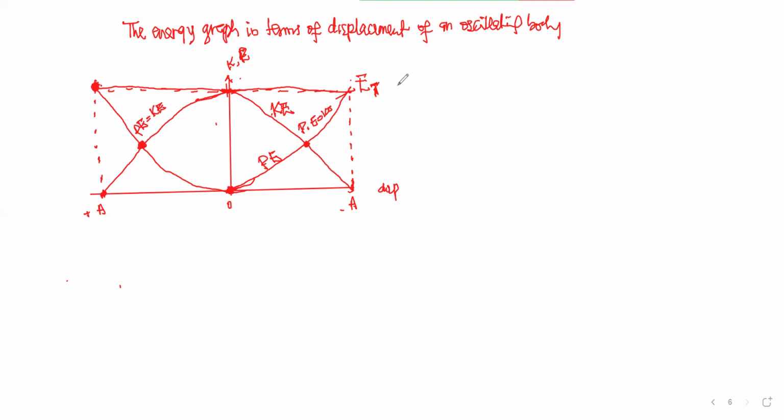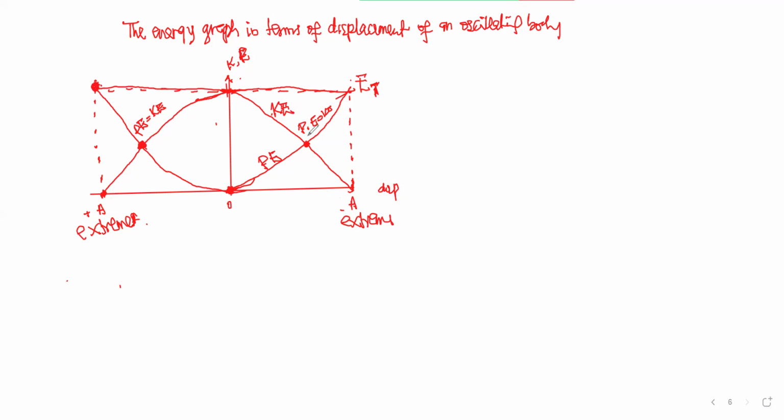So from the graph, you can clearly see that at one extreme and the other extreme, PE is maximum and KE is 0.